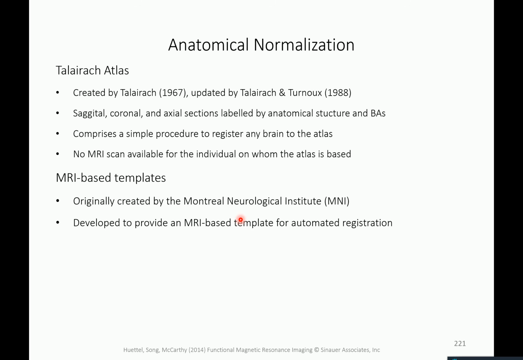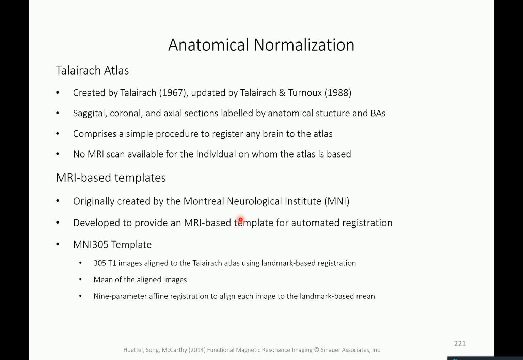So you need a T1 image, and then you have your own image of a participant, and then you somehow need to morph your own image into this. And if you morph all of your own images based on your participants into the one that is MNI based, then of course all of them are normalized the same way, because they are all normalized with respect to a specific image. So these MRI-based templates, this is how this whole thing is related.